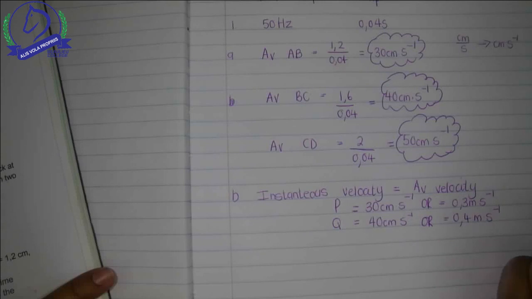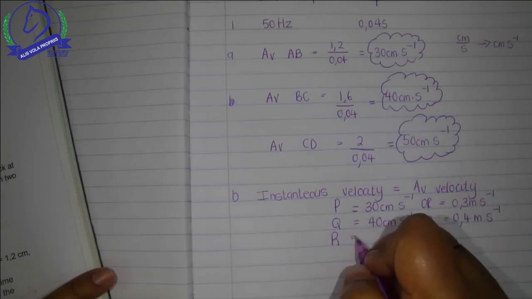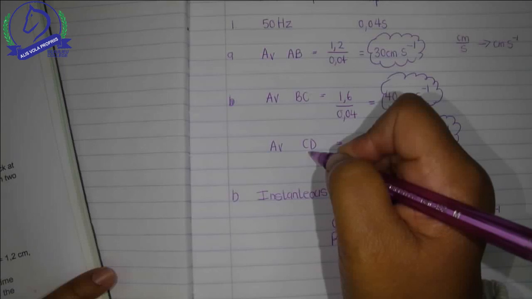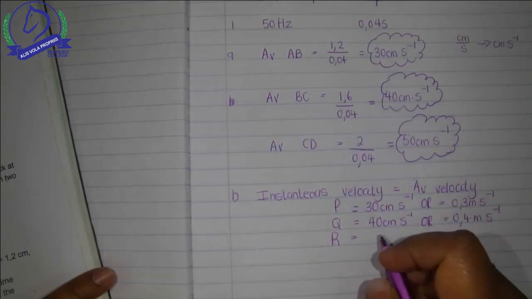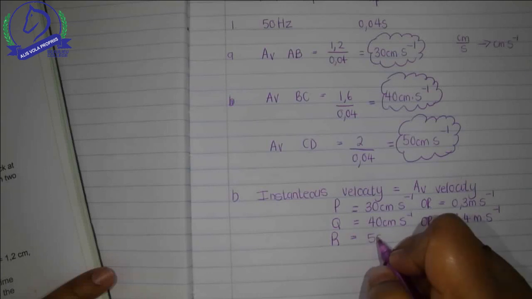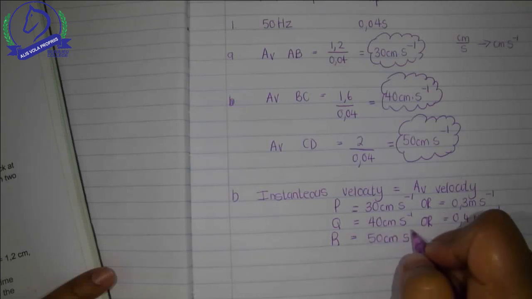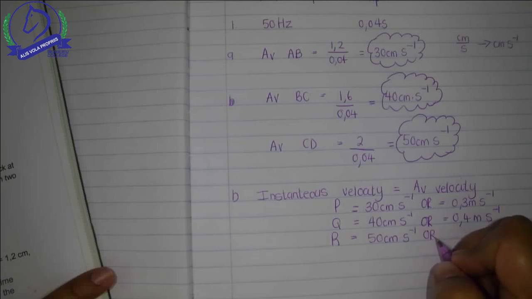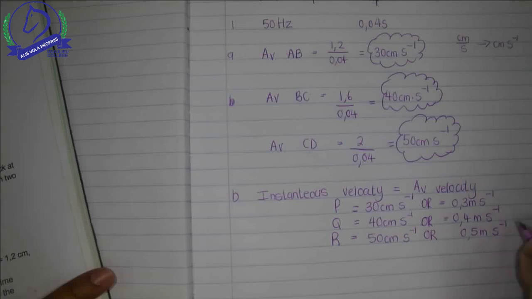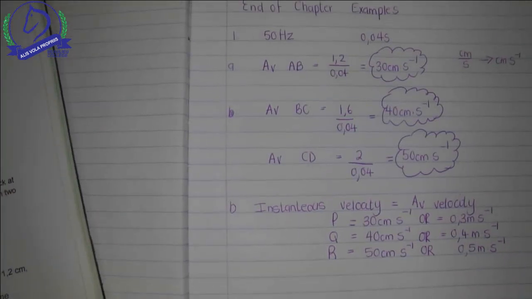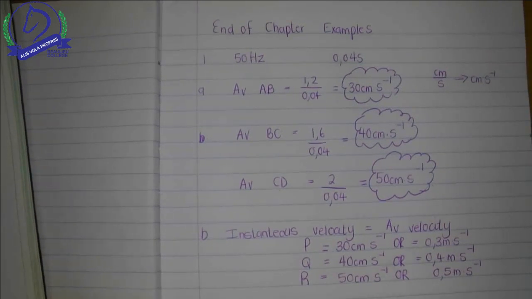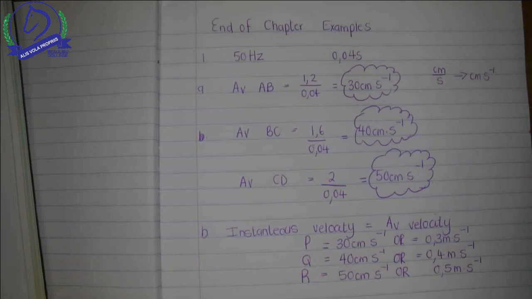And then we go to the instantaneous velocity at R. It's going to equal my average velocity at CD, and that value is equal to 50 centimeters per second, or we can say that's equal to 0,5 meters per second. Okay, so I hope you've got that. That's your memo for question 1. Okay, we're just going to stop there for a while, and I'm going to do number 2.